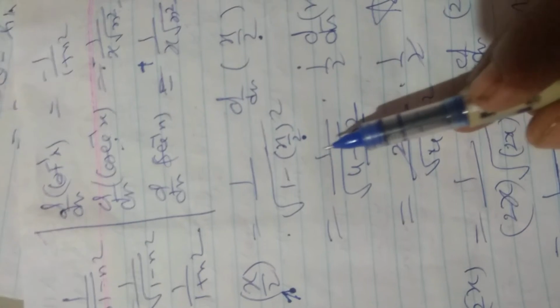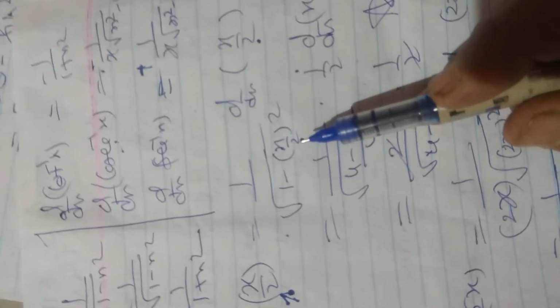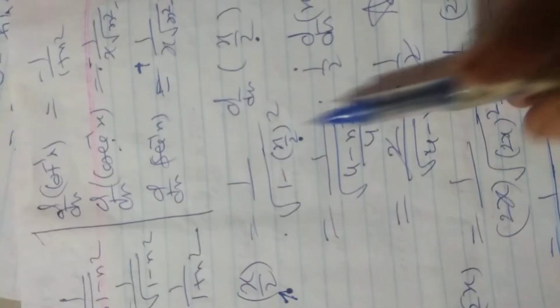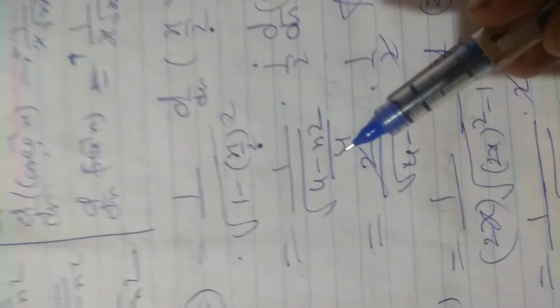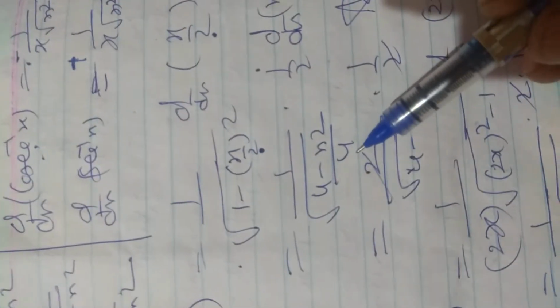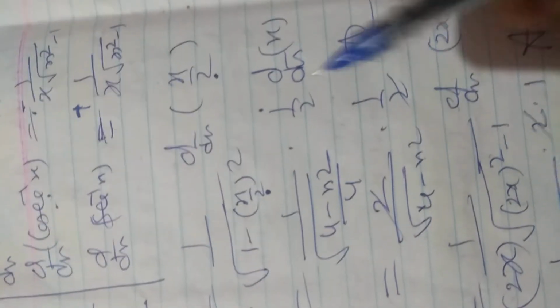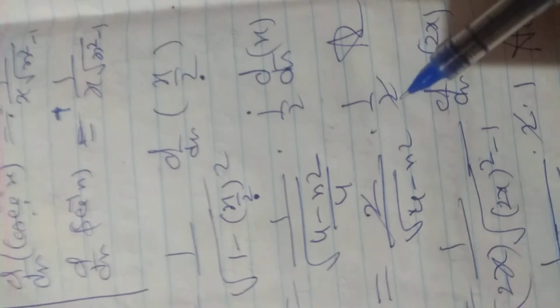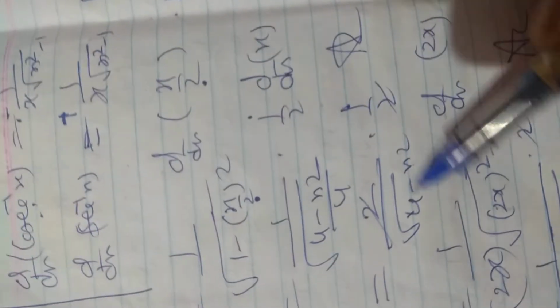So we get 1 upon root of 1 minus x square by 4. Taking the LCM, 4 minus x square whole by 4. The 1 by 2 is a constant outside the derivative dy/dx of x. The 4 comes out of the root as 2, so 2 in the numerator over root 4 minus x square, 1 by 2 the same, and the derivative of x is 1. The 2s cancel. So we get the result 1 upon root 4 minus x square, that is the answer.